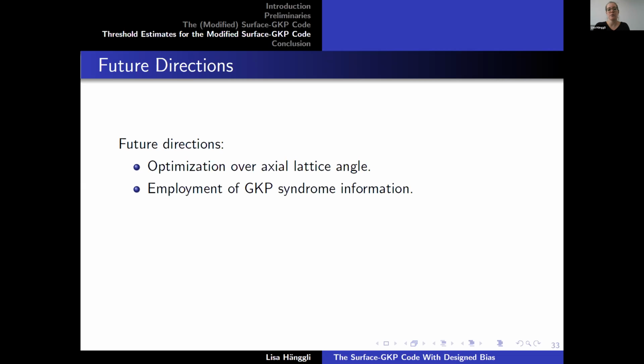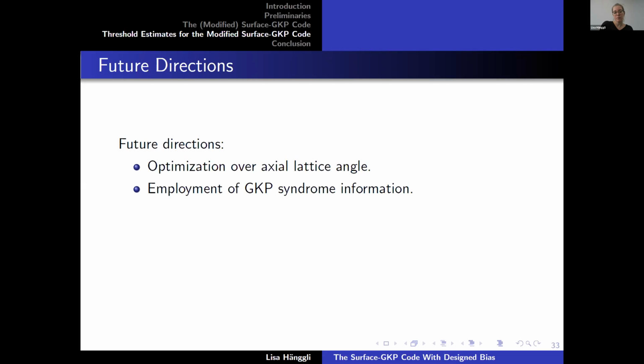Another thing that one could do is to use the GKP syndrome information in the surface code decoding step. And in the symmetric case, so for R equals 1, it was actually shown in several works that this can significantly improve the threshold.